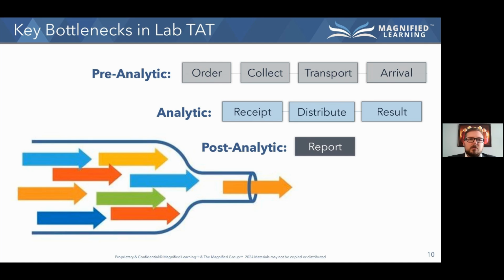In order for us to truly impact turnaround time, we have to understand all parties that are involved in getting the orders placed, collecting that specimen, getting it to the lab, receiving it in the lab, and then going through the entire analytic phase of getting to that result and then reporting it out.